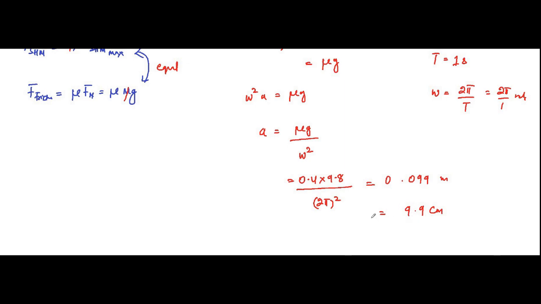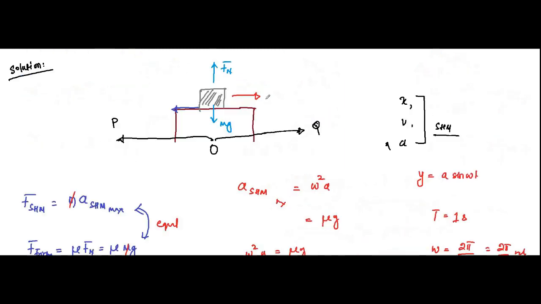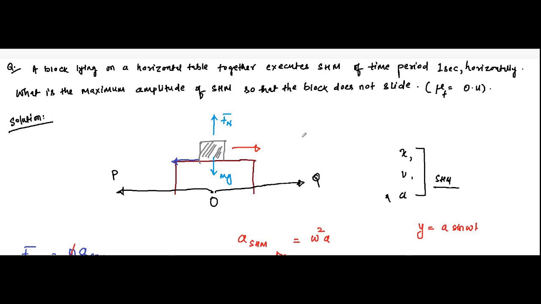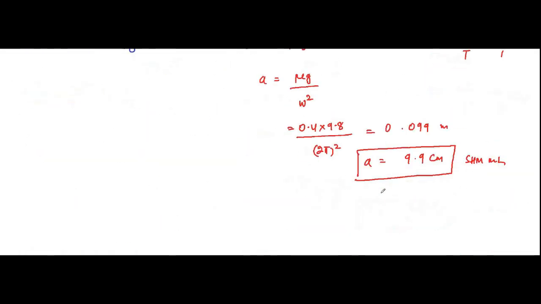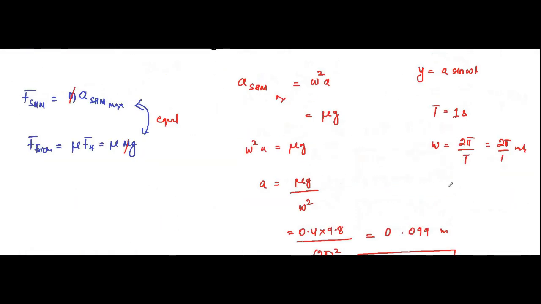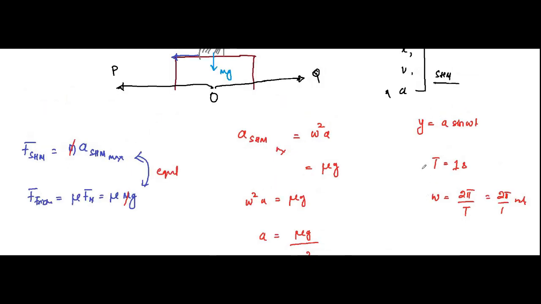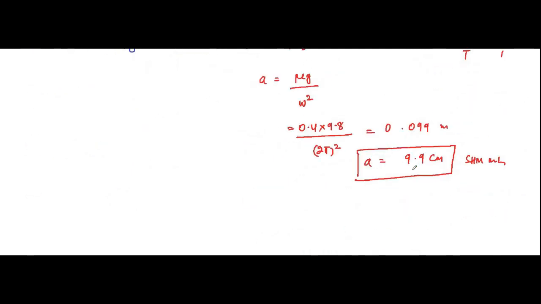So this is the value of the amplitude, the maximum displacement of the SHM motion. We are asked to find the maximum amplitude so that the block does not slide. So for this nature of SHM motion, we had to calculate this value A, and we got 9.9. So this is the thing.